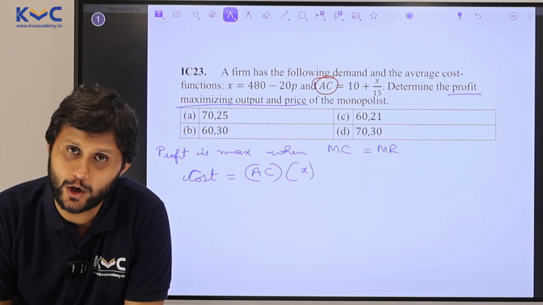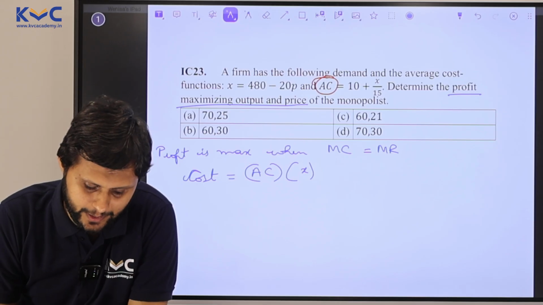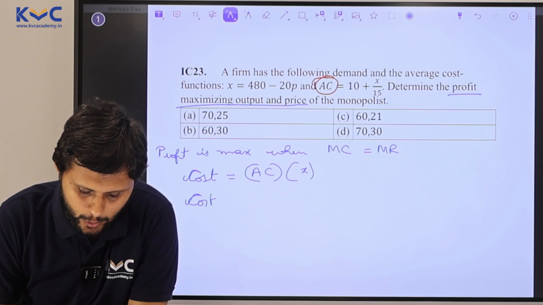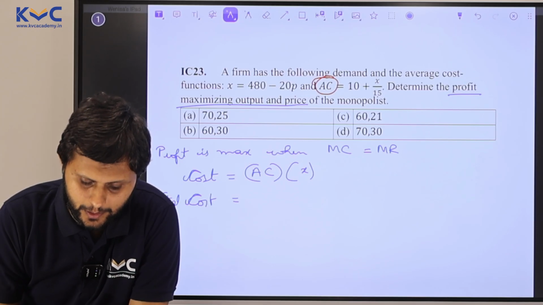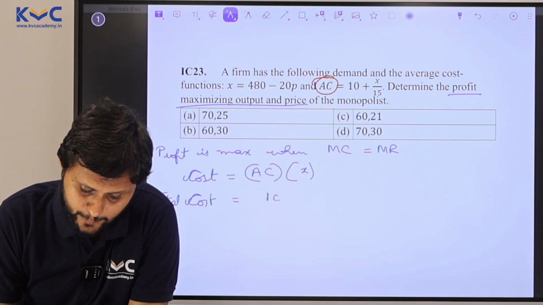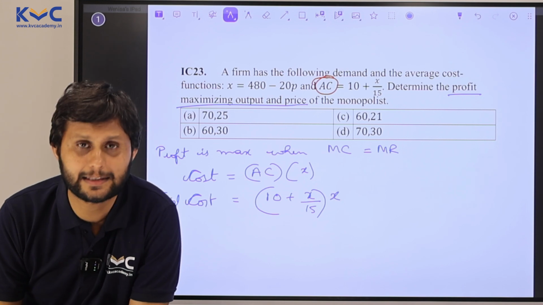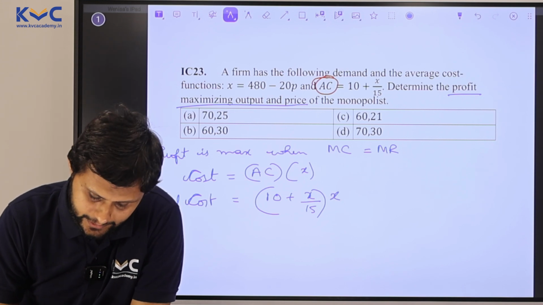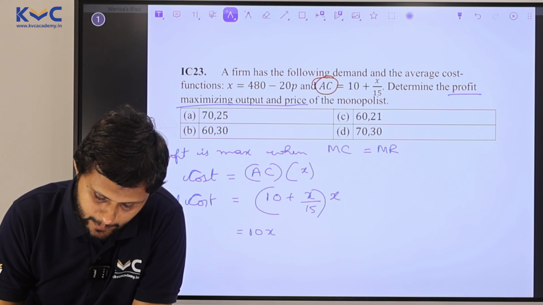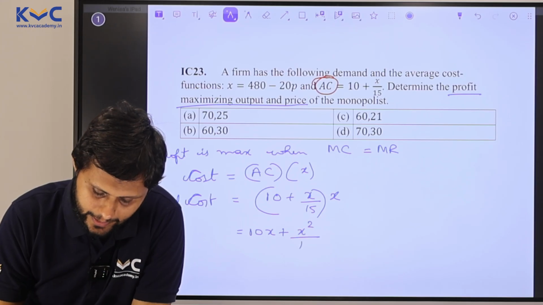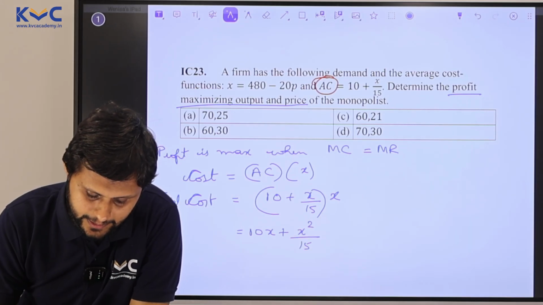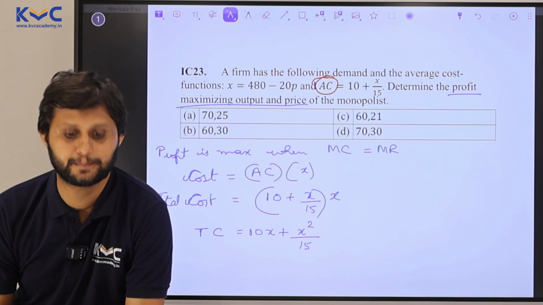Now to get back cost, we need to multiply with x. So total cost equals the average cost function, 10 plus x by 15, multiplied with x. So we get 10x plus x square by 15. Now this is your total cost function.